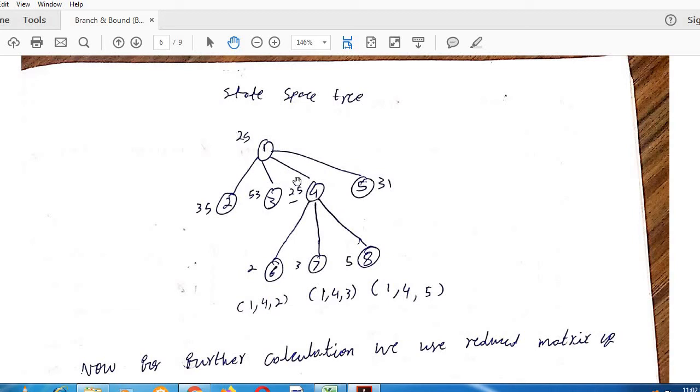So after traversing from node 1 to node 4, I can traverse to node 2. I will represent this by node number 6. Another path is from node 1 to node 4, then to node 3. I will represent this by node 7.